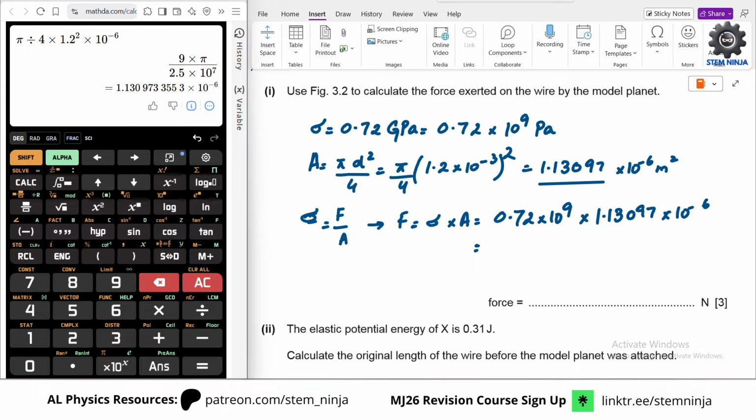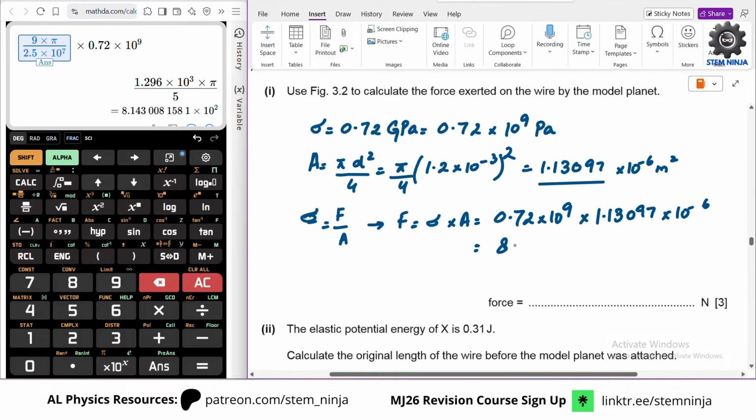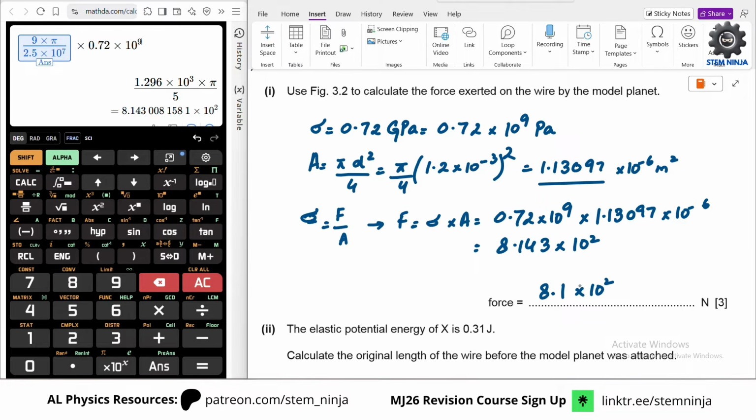So this times 0.72 times 10 raised to the power 9 gives 8.143 times 10 raised to the power 2, so 8.1 times 10 raised to the power 2, or 8100. No, sorry, not 8100, my bad, I misspoke. This is 810. So either you can write it like this or 810 newtons.